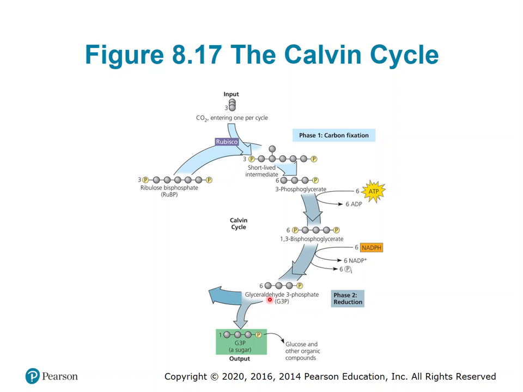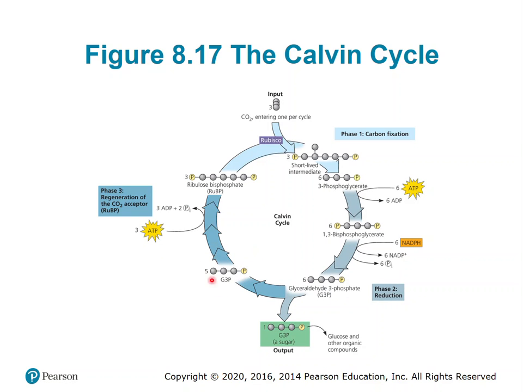So you've made 6 molecules of G3P. 1 is released as output, and the other 5 remain in the cycle to be recycled. Regeneration, phase 3 of the Calvin cycle, is regeneration of the CO2 acceptor, ribulose bisphosphate, and so these 5 come back together to make 3 molecules of ribulose bisphosphate.